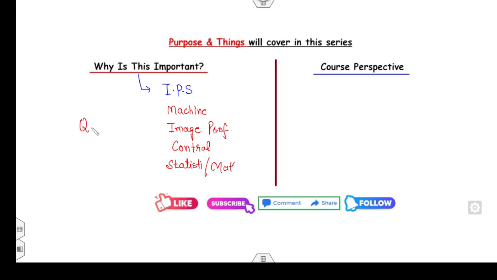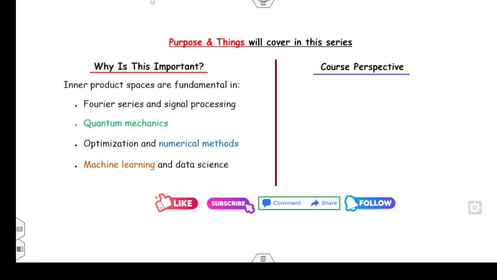Moreover, these days we all know quantum computing is at its peak. So the inner product space has many applications in Fourier series, signal processing, quantum mechanics, optimization, machine learning, and many more subjects.